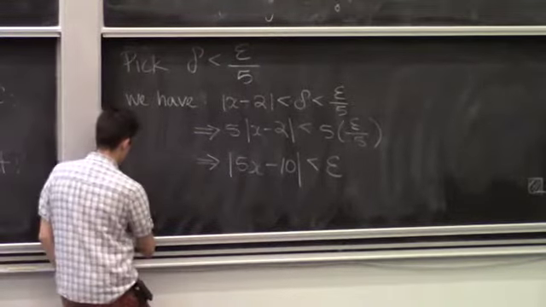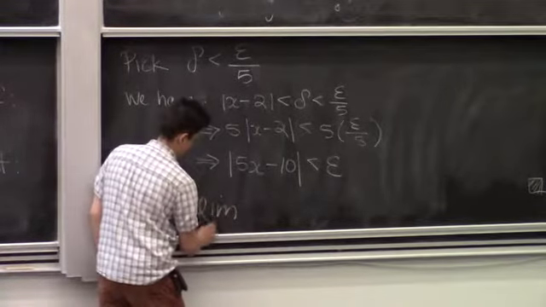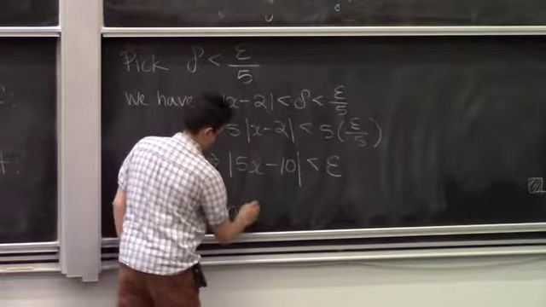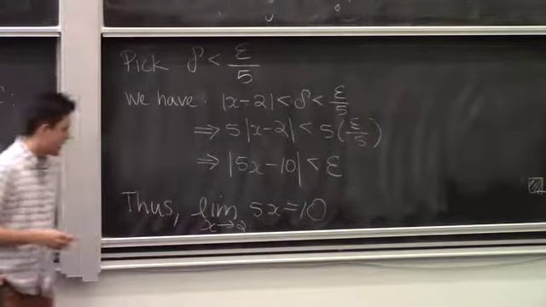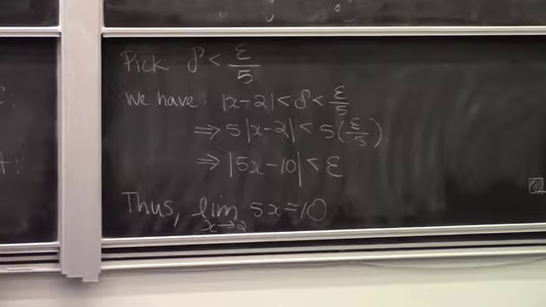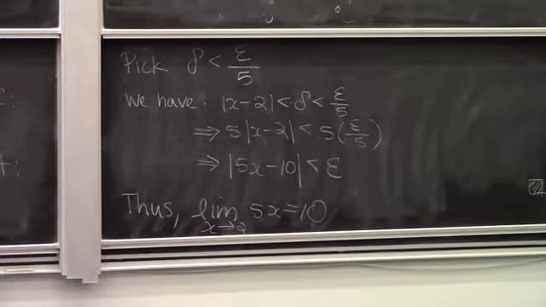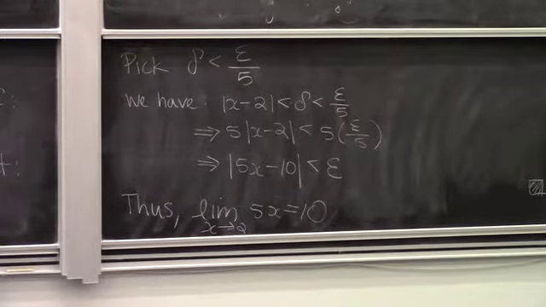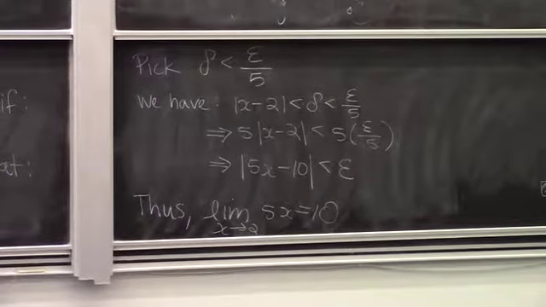So thus we get the limit that we wanted. Are there questions about where that choice of delta comes from? Why do we say delta is less than epsilon over 5?